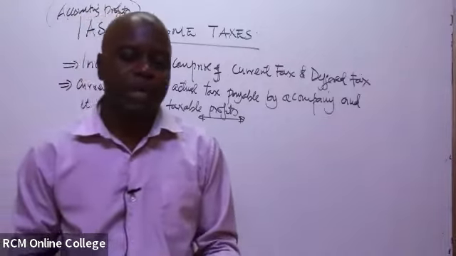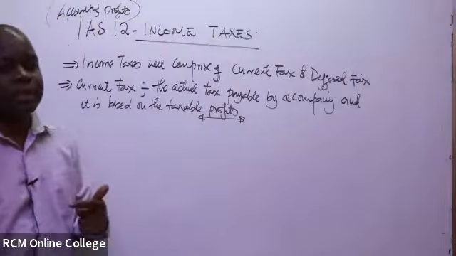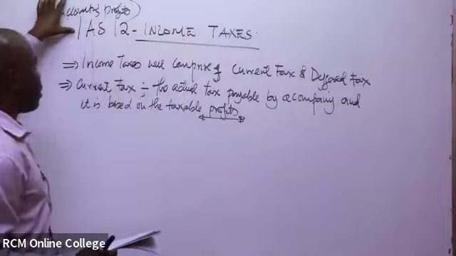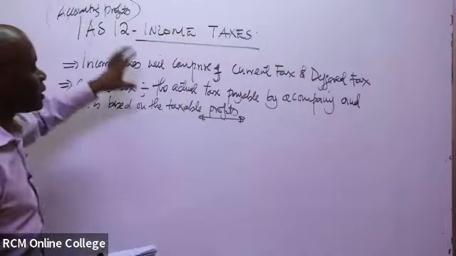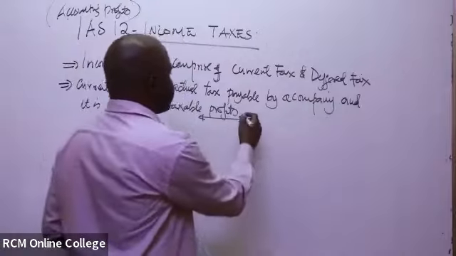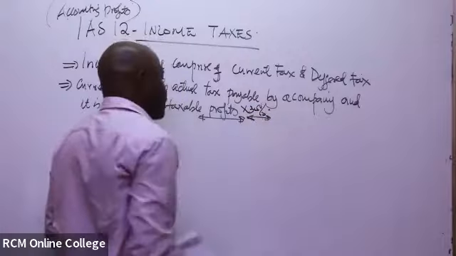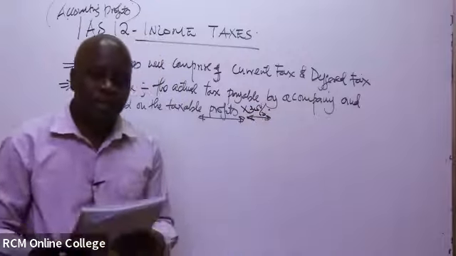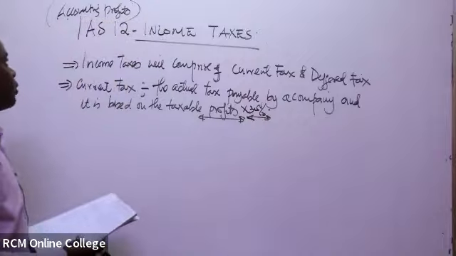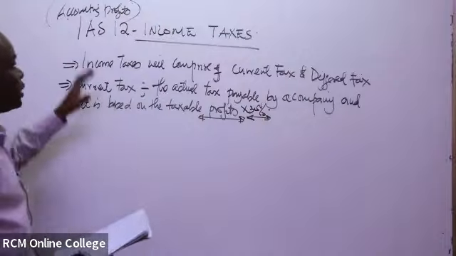Why do you add back? It is because it is a requirement by the taxman, by Kenya Revenue Authority, that certain expenses must be disallowed from the accounting profits, so that you can determine the taxable profits to tax using which rate? 30%, using 30%. So what should be coming home here? There are two kinds of profits: the accounting profits that the normal accountant preparing books of accounts will determine.